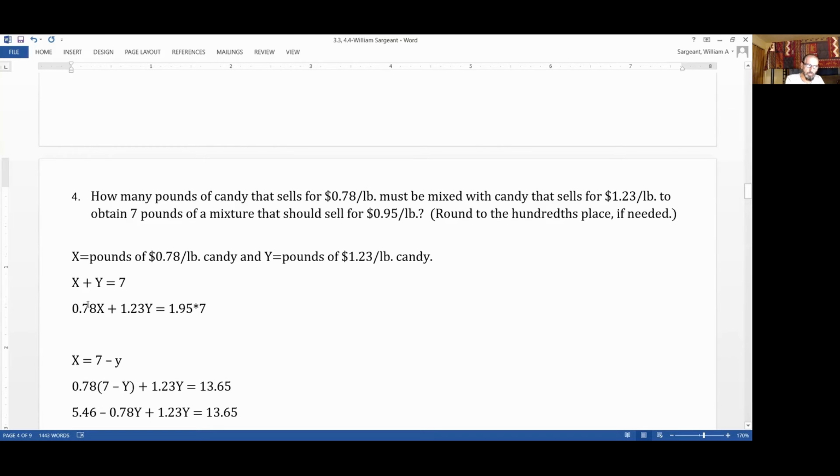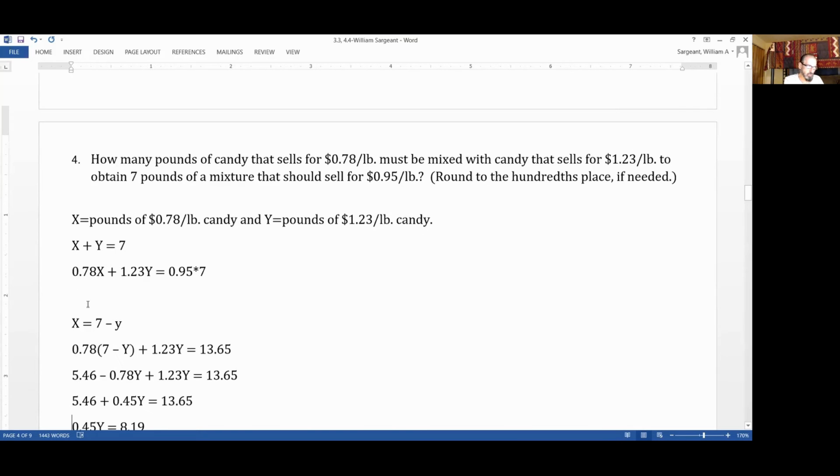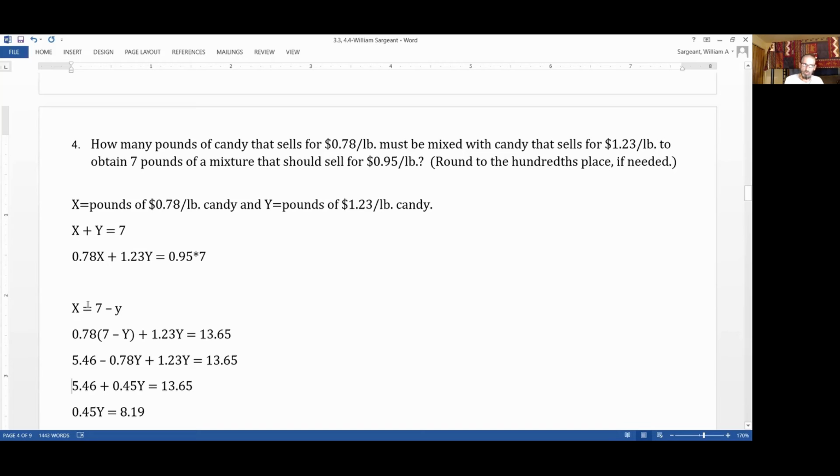I see. That was supposed to be 0.95 times 7. Makes sense. The price of the mix should be in between the original two prices. So 0.95 times 7, should have had 6.65 over here.